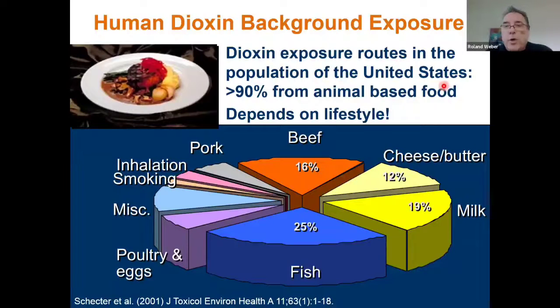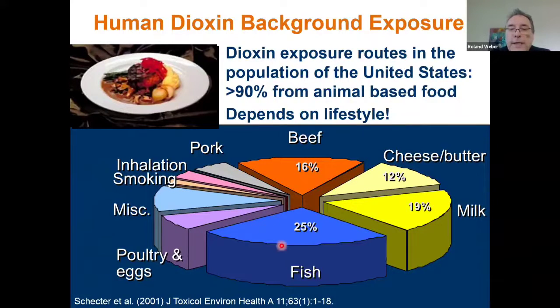So I can promise you already this morning with your breakfast, with your lunch, maybe you have your lunch in parallel to the presentation, you got some dioxins, because today all of the food from animals are contaminated or at least impacted by some dioxins and by some PCBs. And the largest concentration you have in the fatty food, like cheese, milk, beef, fish.